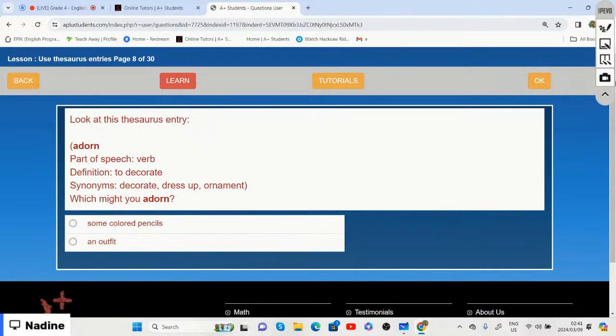So adorn, right? It's a verb. So for adorn, we can say it is something like an outfit, right? Because words that are similar to the word adorn are to decorate, to dress up, ornament, right?